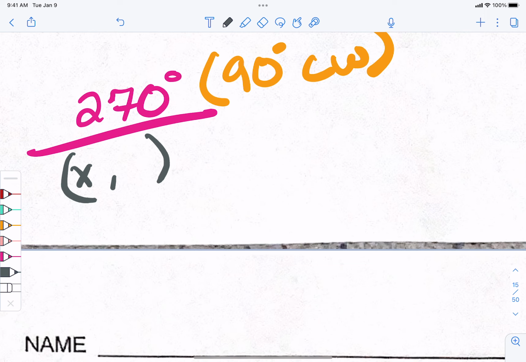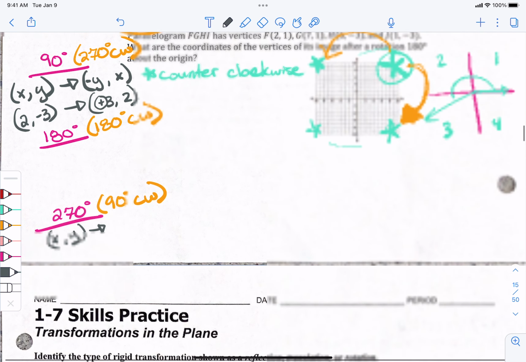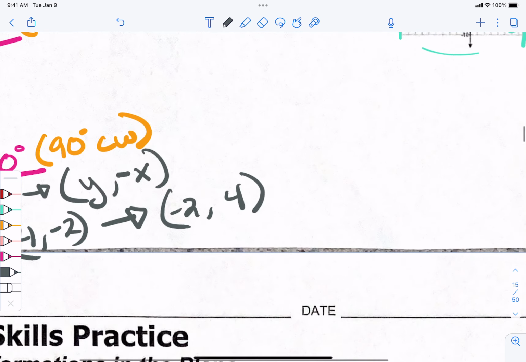Okay, X and Y, this is going to be similar to 90, right? Similar to 90 in the fact that they're going to switch places, Y comma X. But this time, the second coordinate becomes negative. So like, let's say 4 comma negative 2, okay, would switch places, so it would be negative 2 comma 4, but the 4 would be negative, right?